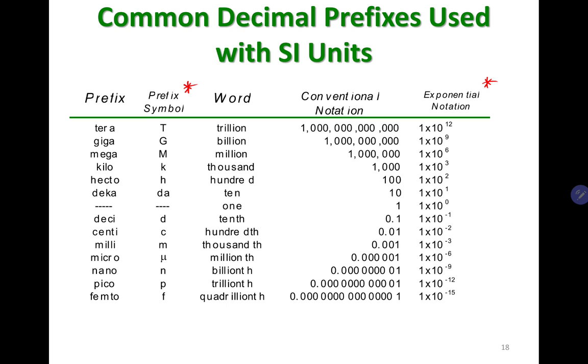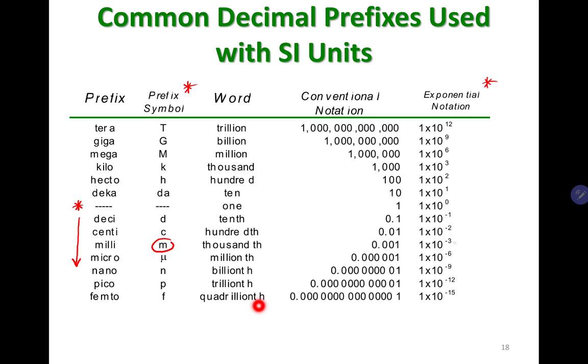The regular SI unit is going to be here in the middle. It could be meter, it could be gram, it could be any SI unit. This is your regular unit without any prefixes. When you are going down, the size of the unit is getting smaller, because you use a prefix like, as an example, milli.